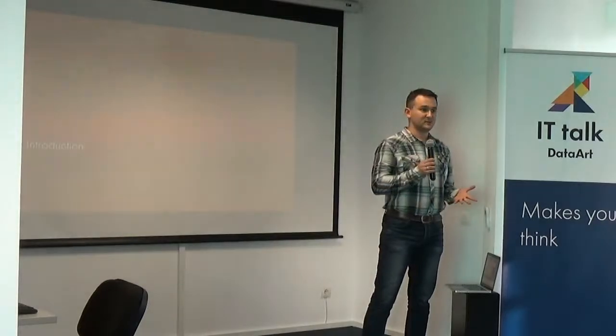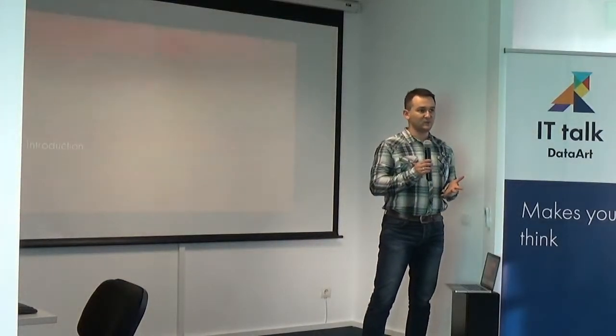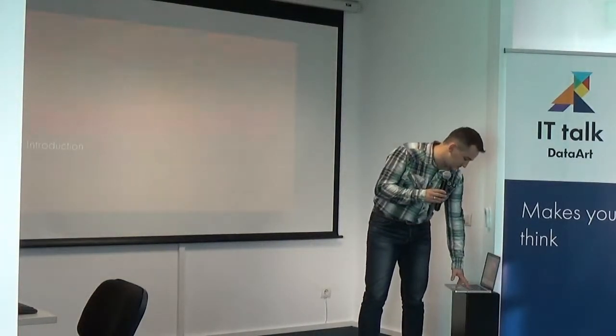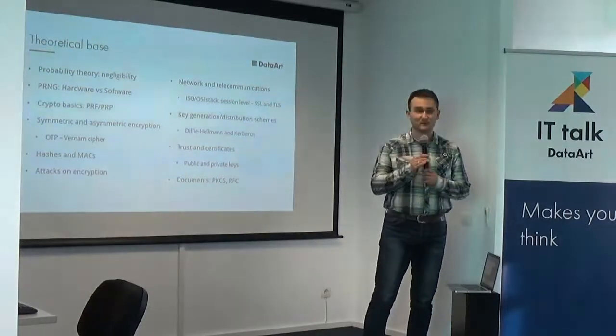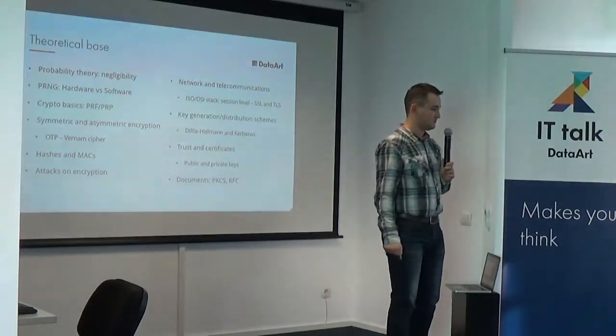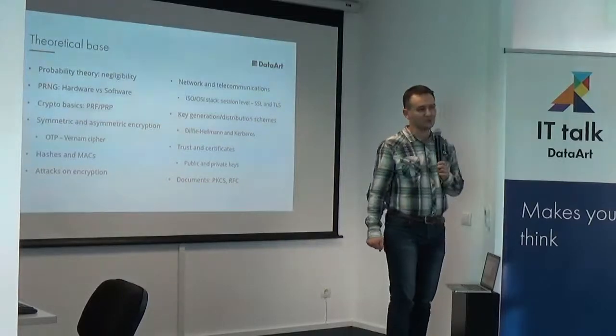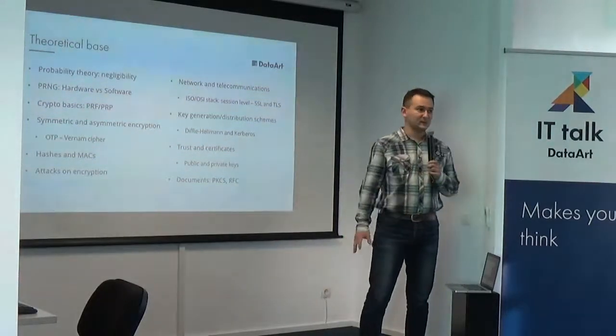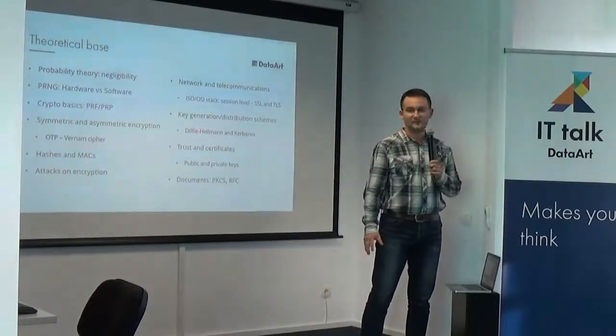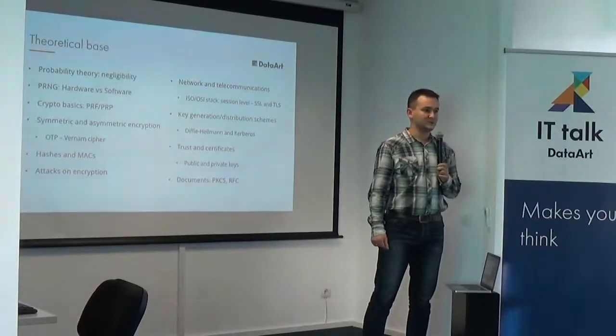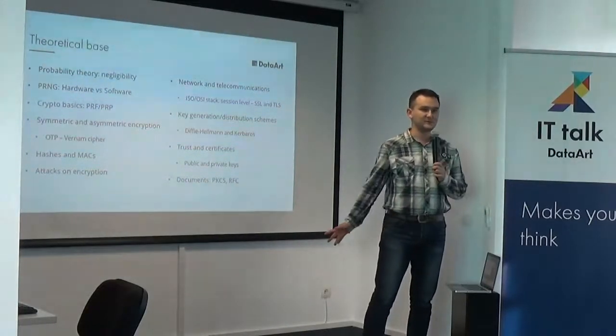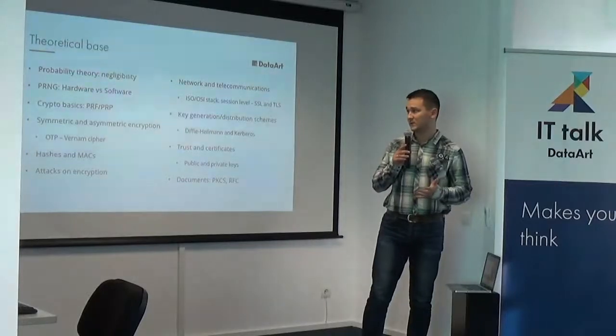The introduction is, of course, about the theoretical base of information security and its basic principles. Each newcomer to information security starts with probability theory and the concept of negligibility. The concept of negligibility is the basic one here.